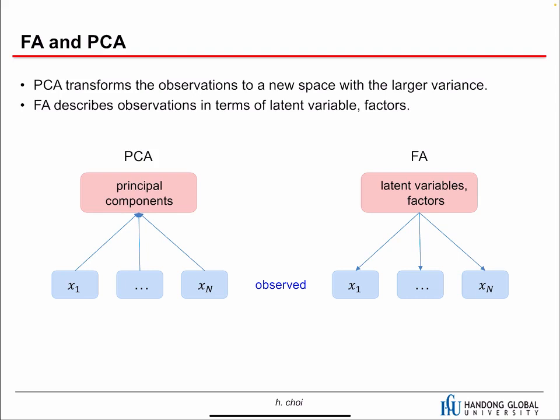So if you apply PCA and FA, we will get a similar result, but the interpretation will be different. And in factor analysis, we used just a Gaussian distribution, but if we model FA with a non-Gaussian distribution, then we can go to ICA. We're going to talk about ICA later.